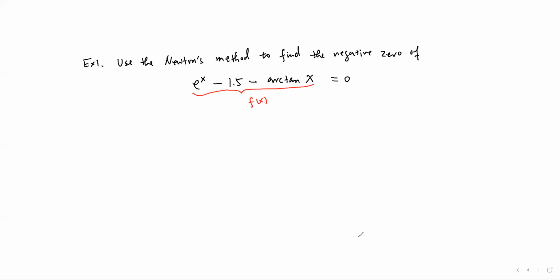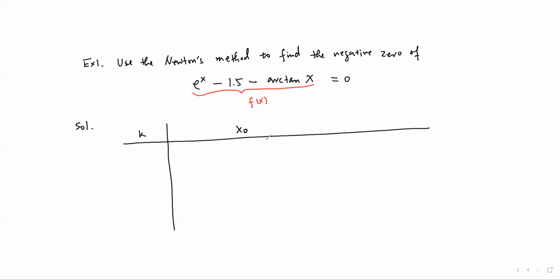Okay. Now the solution is, let me make a table. K is the number of iterations. This is xk, not x0, xk, and then the function value at xk.